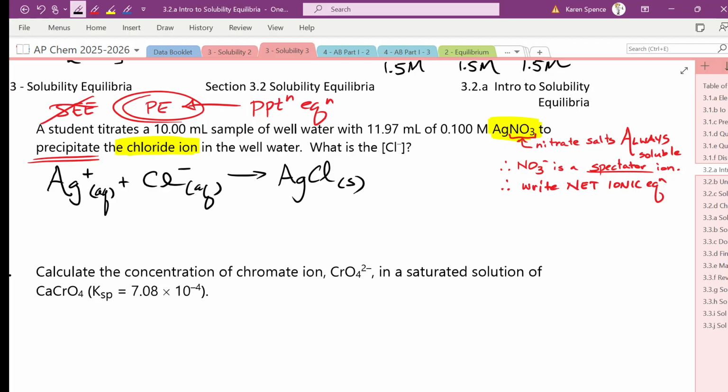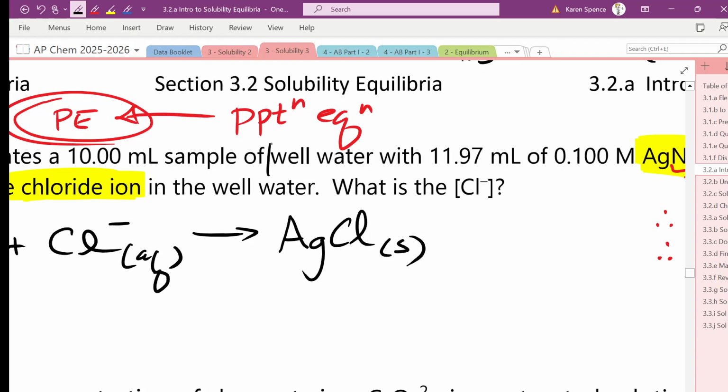Do you guys know how? Yes, sorry. Because what you've got is some well water, water out of a well. And the chloride probably originally came paired, some of it with sodium, some with potassium, some with magnesium, some with calcium.